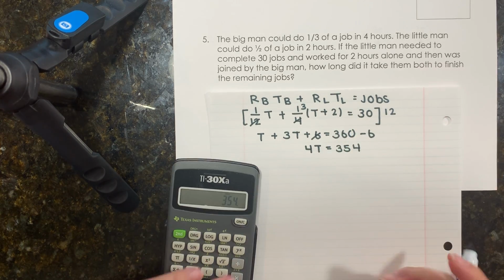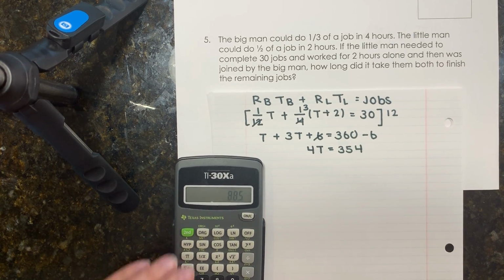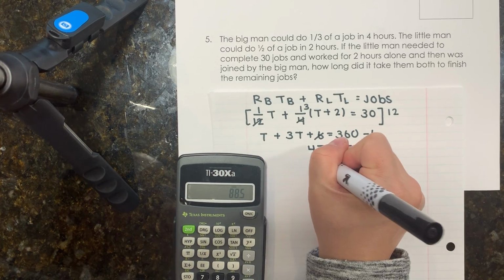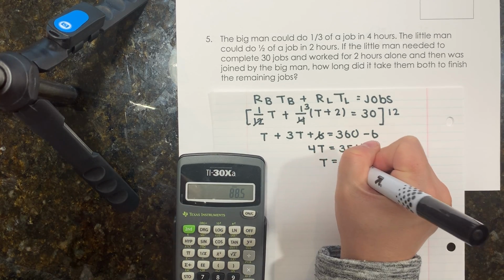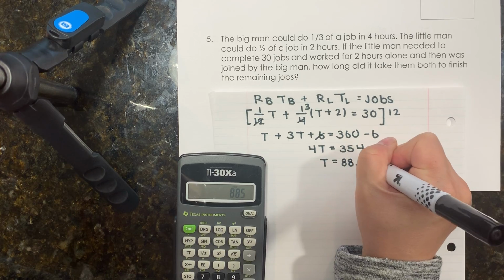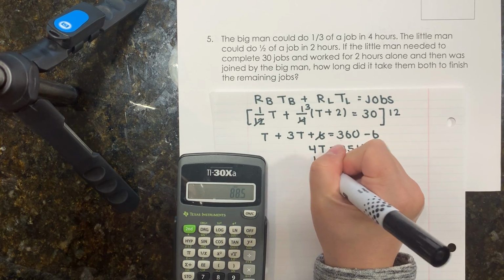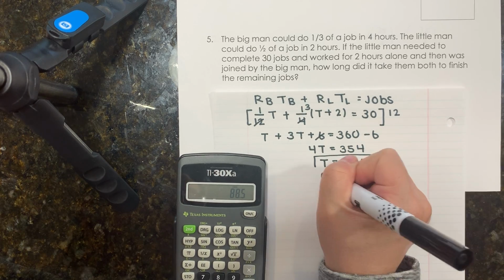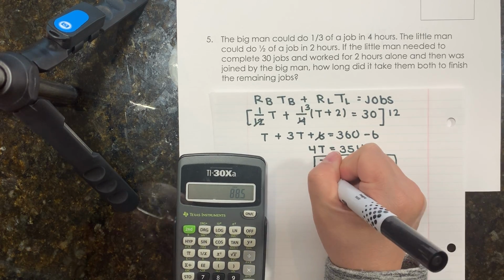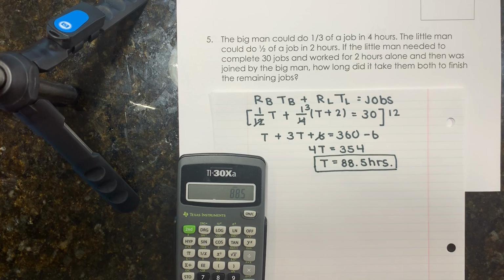I think that does divide evenly. Well, not really. So T is going to be equal to 88.5 hours. You could have left that as a fraction if you wanted to. And that's number 5.